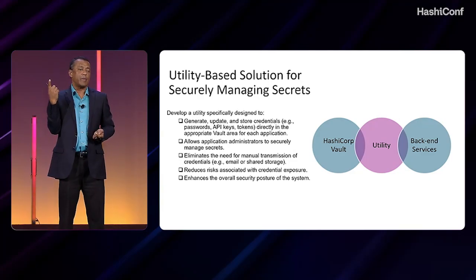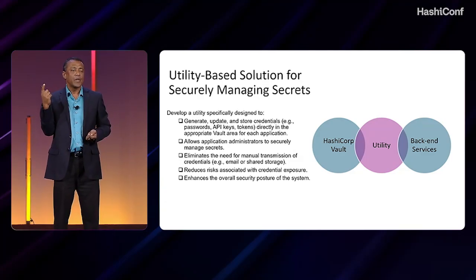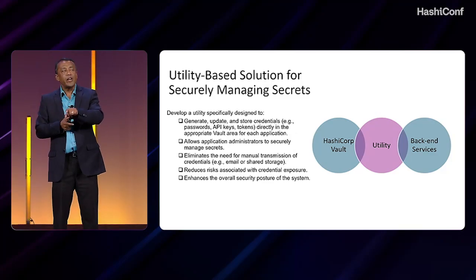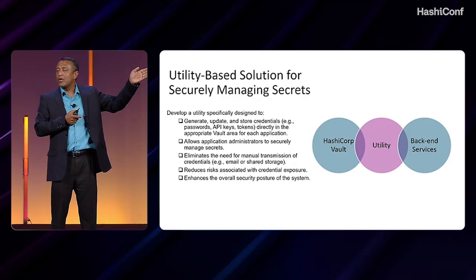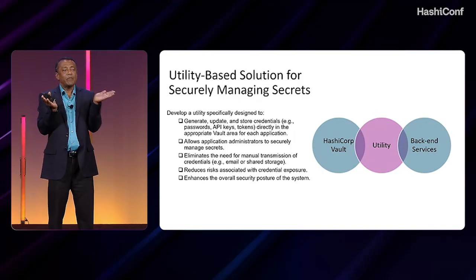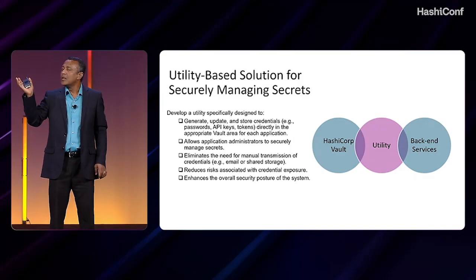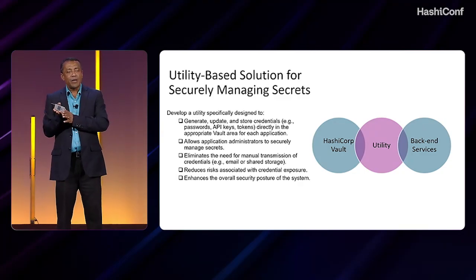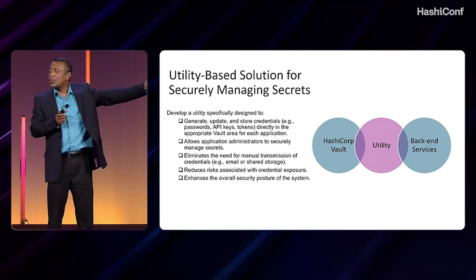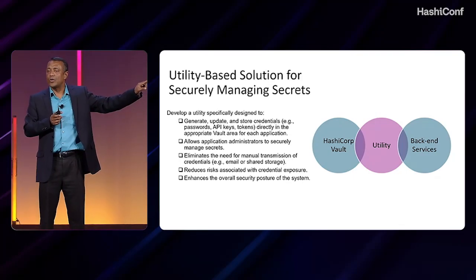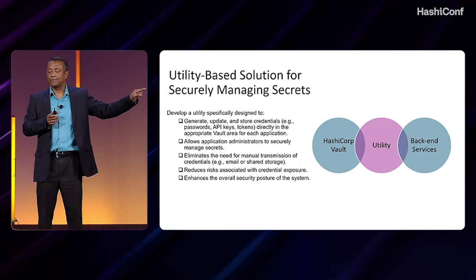It generates the password only for that Mongo app, and then grabs it and writes it to the HashiCorp Vault in the area of that Java application, nowhere else. So the utility has only limited access to Mongo, with its own credential generation capability, and it has access only to write into its own secret path area in the HashiCorp Vault.